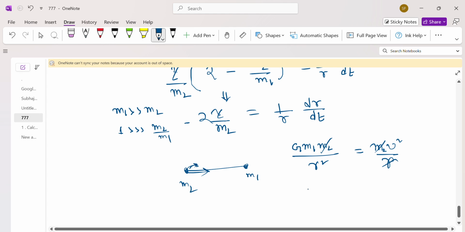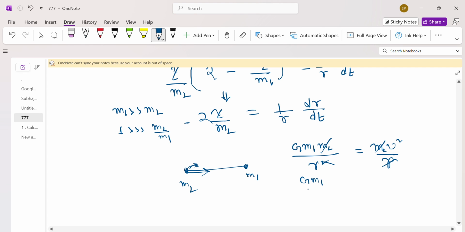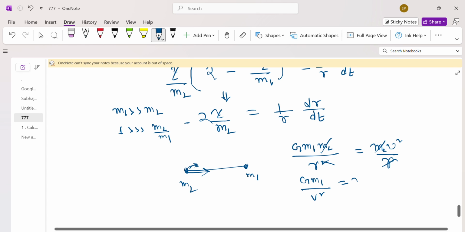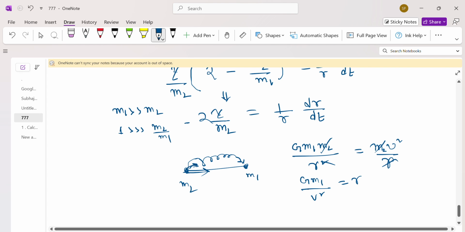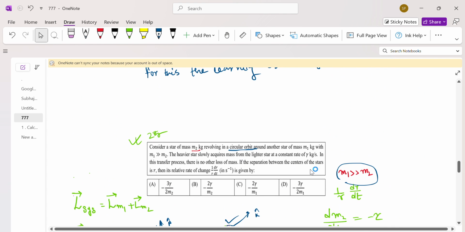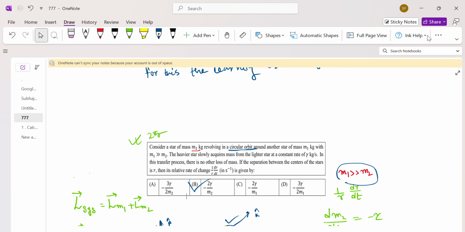So m2 will cancel, r will cancel, and G m1 divided by v squared is equal to r. So this r will definitely decrease, because as soon as m2 loses mass, it will start spiraling and spiraling, and there will be a time when m2 will fall on m1. So that's the complete discussion of this problem, and if you check the question paper, the answer is minus 2 gamma divided by m2.